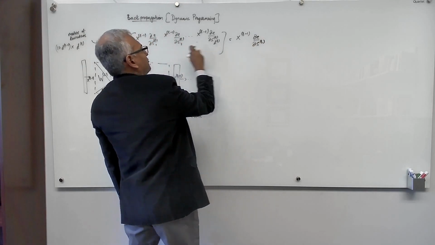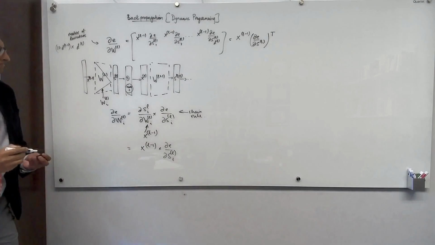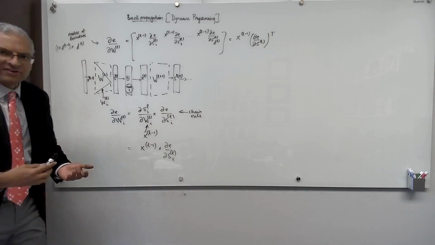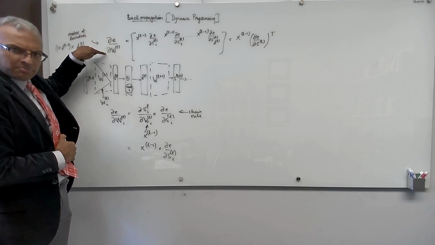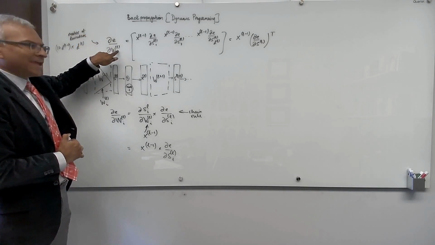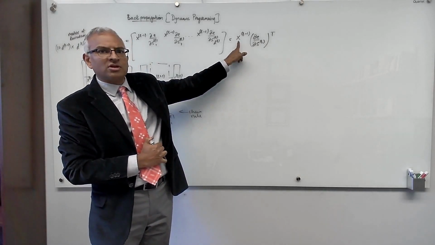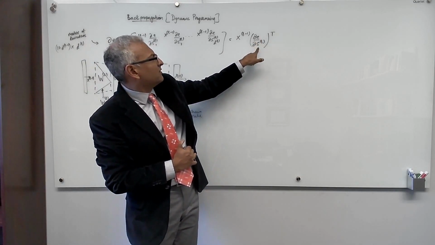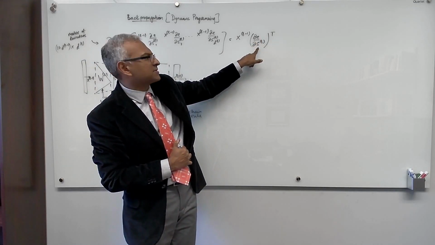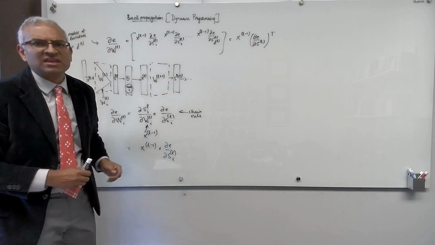Now this is a vector of derivatives, but I have to take the row version of this, the transpose. Okay, so what have I deduced? That the derivative of the error with respect to a particular weight matrix in layer L, that matrix of derivatives, is given by the output of the previous layer times a vector of derivatives with respect to the incoming signals, transpose. And you can check the dimensions of this and this, and everything matches.